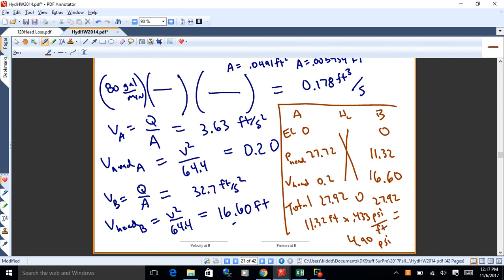So that's the velocity at B. Of a 1-inch pipe, yeah, right. Yeah, Q over A. Doing all right?